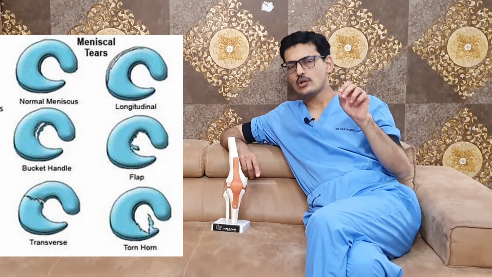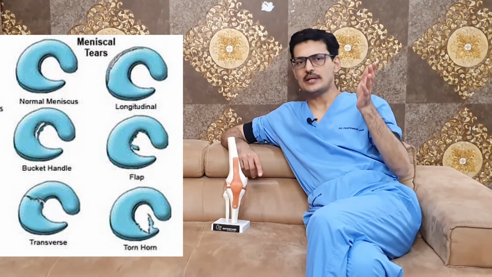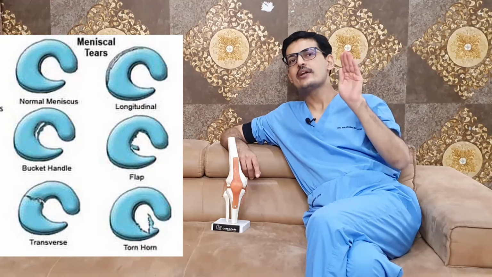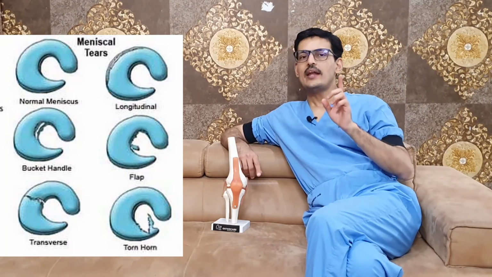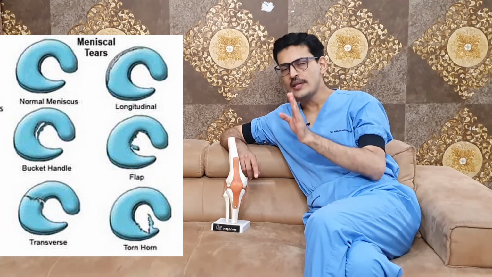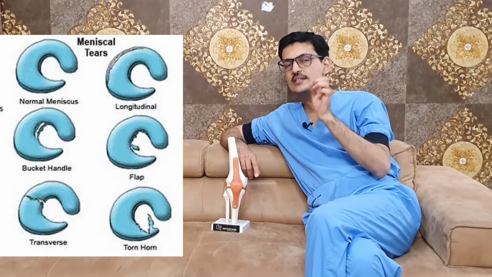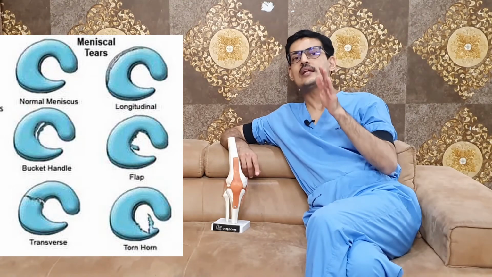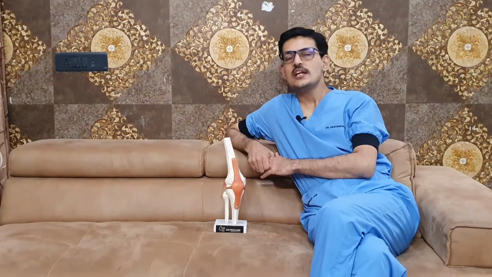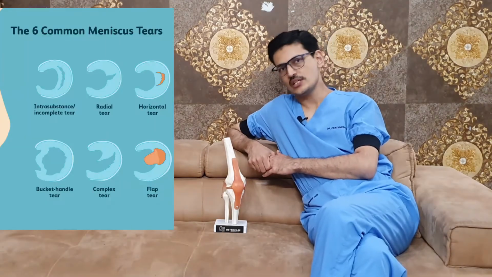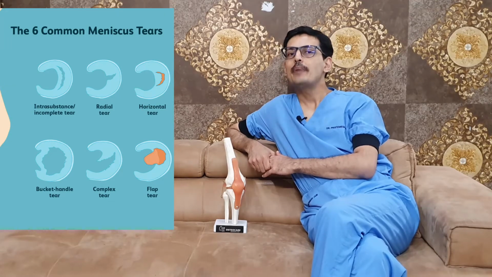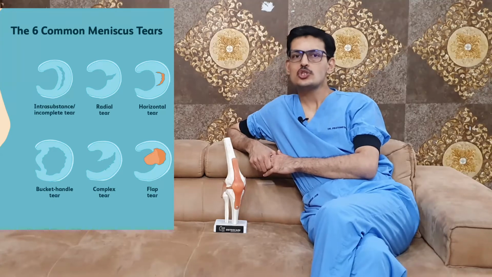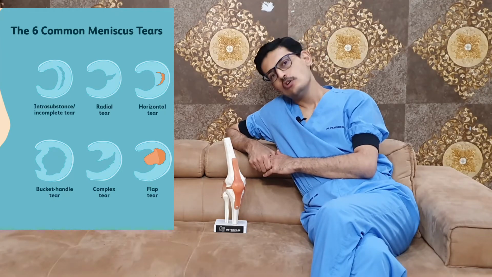If you get an arthroscopy and a partial medial meniscectomy done, the chances of osteoarthritis are reduced. And if you get a meniscus repair surgery done, the chances of osteoarthritis are minimum. Patients in whom meniscus repair surgery has been done have the best long-term outcomes and the least chances of osteoarthritis in the future.